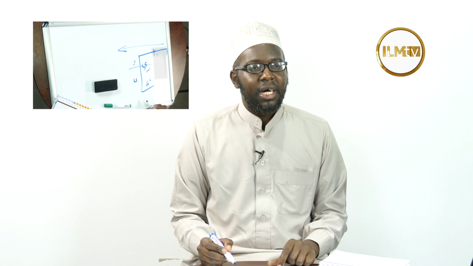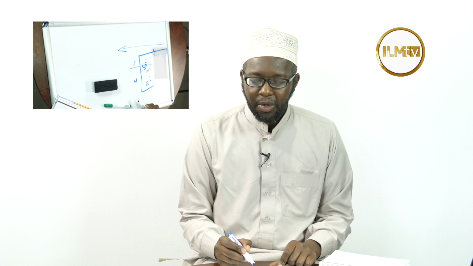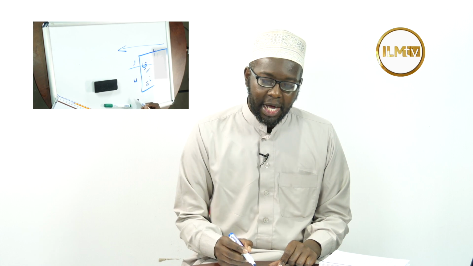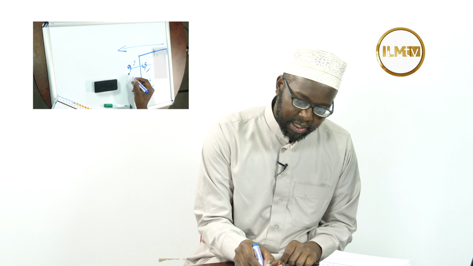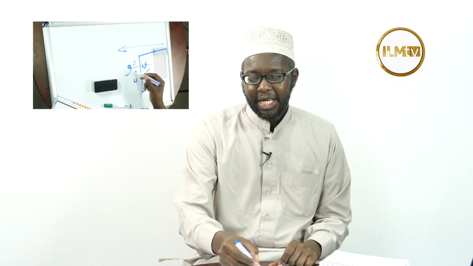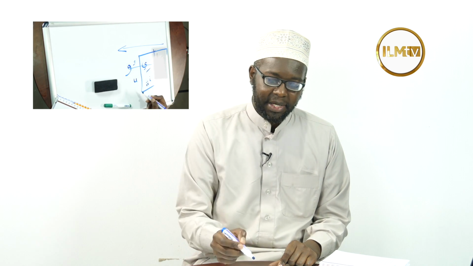And the third one, u, is a short one. The long one is uu. And we write it that way. They look alike. This is small, this is bigger.